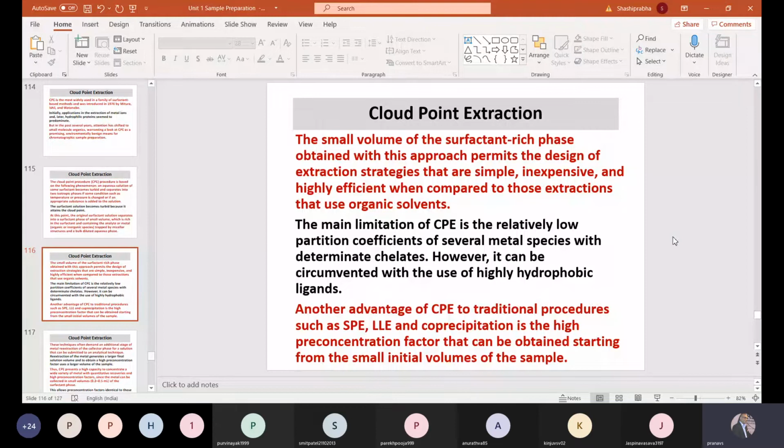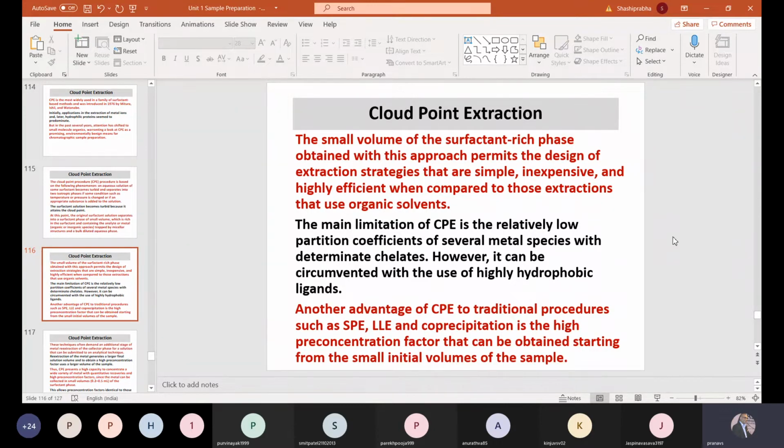The small volume of surfactant-rich phase obtained with this approach permits design of extraction strategies that are simple, inexpensive, and highly efficient when compared to those extractions that use organic diluents. This is important.